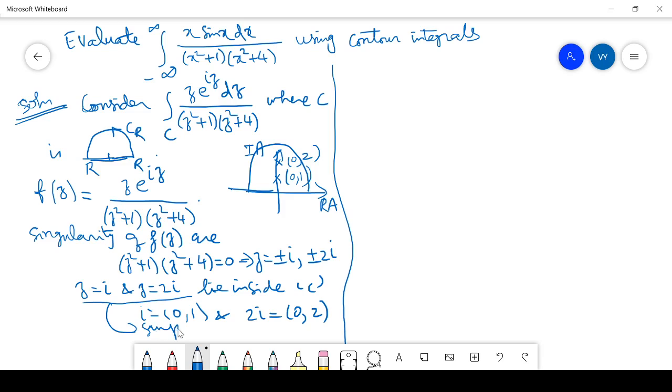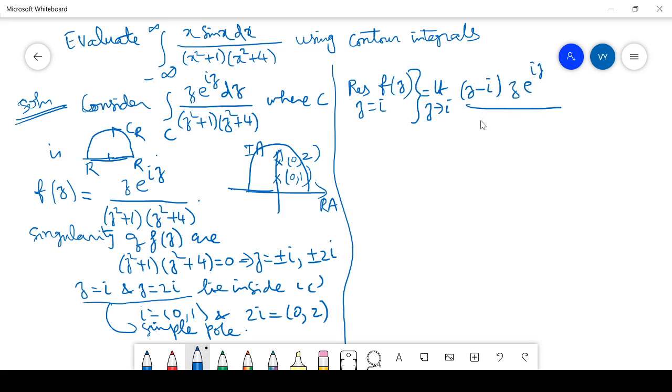Okay. So now you have to use the appropriate formula to calculate the residue. First I calculate the residue of f of z at z equal to i. This will be the limit z tending to i of (z minus i) into z e power iz by (z plus i) into (z minus i) into (z squared plus 4).